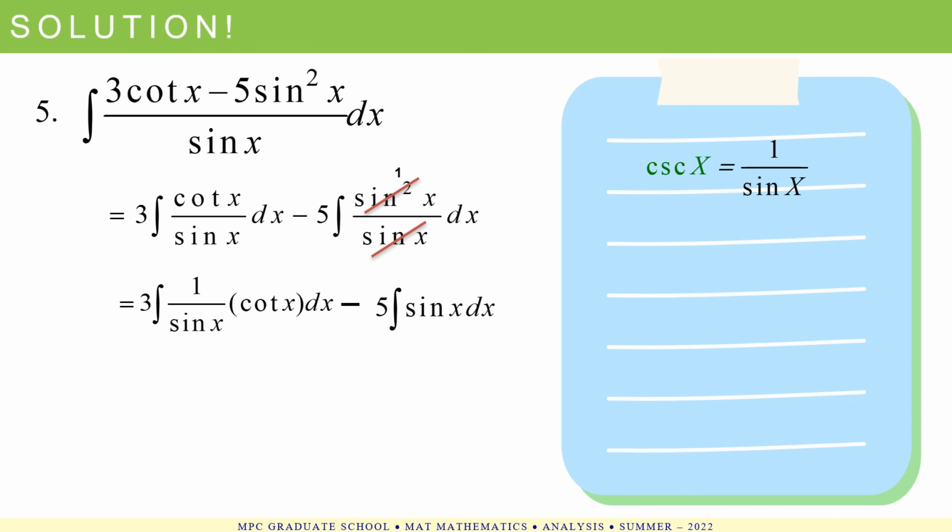Now we can substitute 1 over sine of x with cosecant of x. So we have 3 times the integral of cosecant of x cotangent of x with respect to x minus 5 times the integral of sine of x with respect to x.